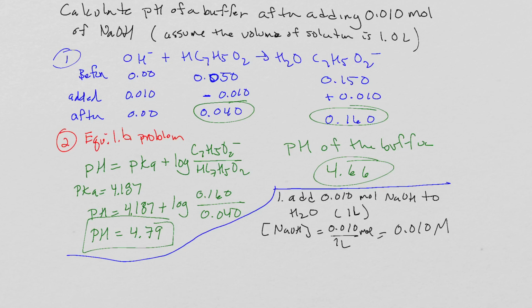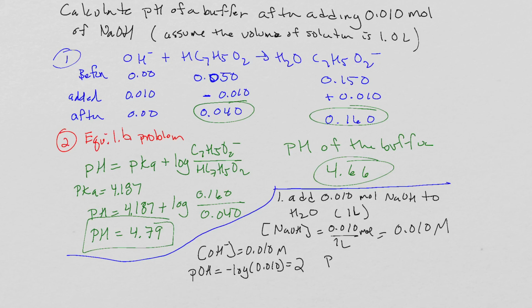So we have a hydroxide ion concentration of 0.01 molar. So I can calculate the pOH equals the negative log of 0.01, which equals 2. So we have a pOH of 2.